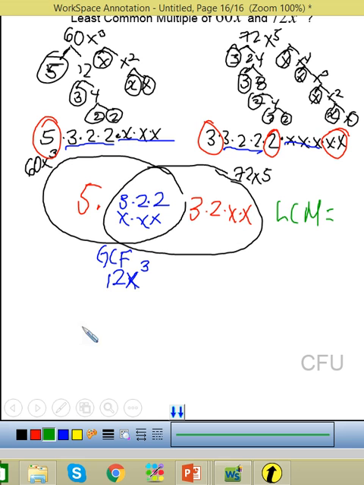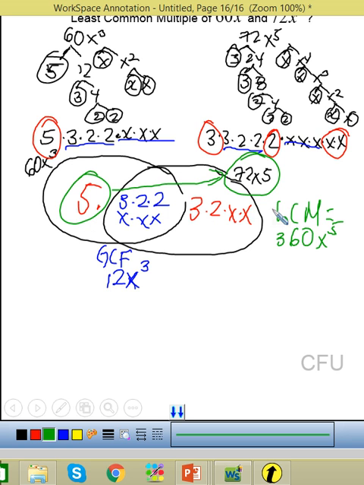Did everybody see that? 5 times 72x to the fifth. So what do we get from there? 360. And what's x? X to the fifth. Can you multiply 5? No, this is not an exponent.